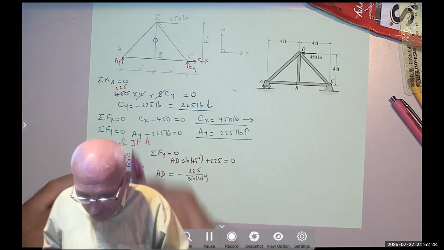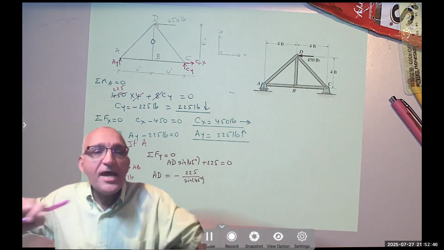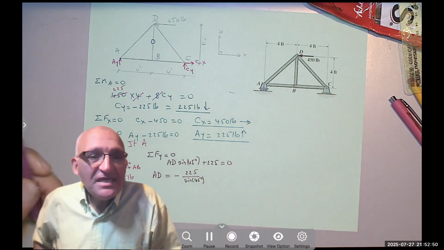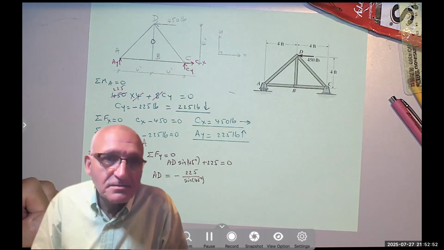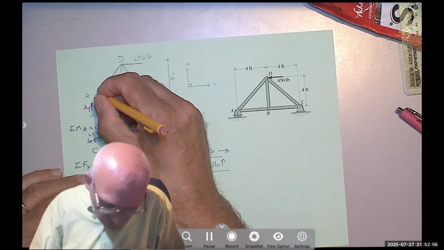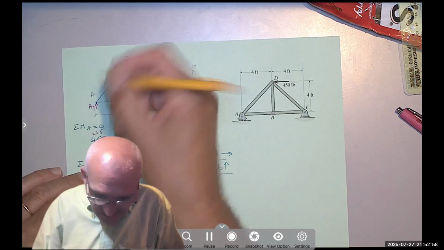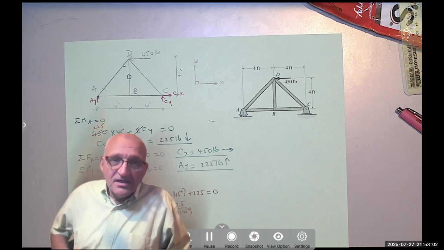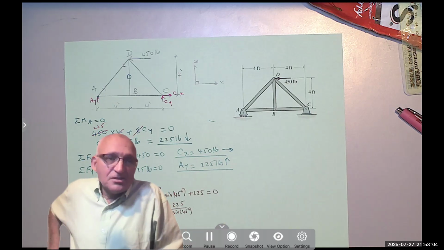Notice, I assume everything is going away from the pin. Away from the pin means tension. Meaning, if I draw two arrows, it's not correct, but I'm saying there are two internal forces like that. These are tension. Why?